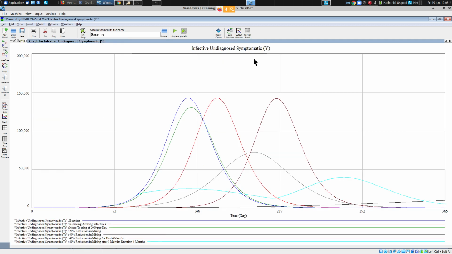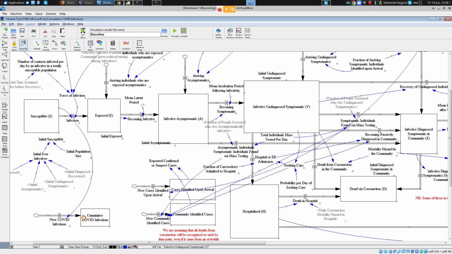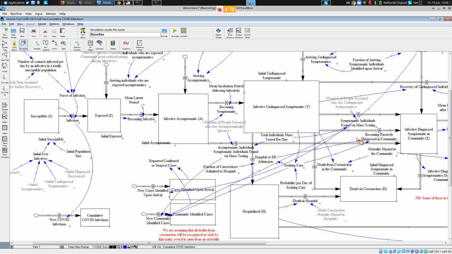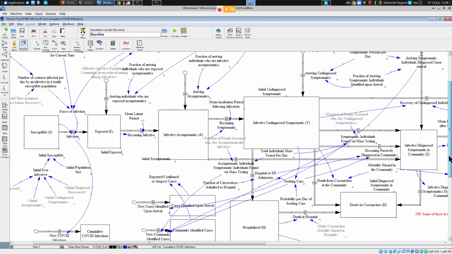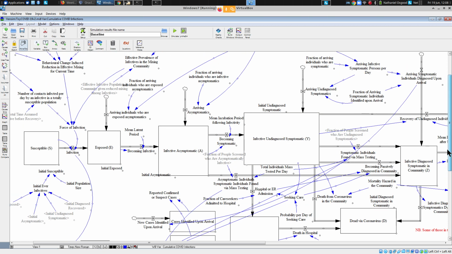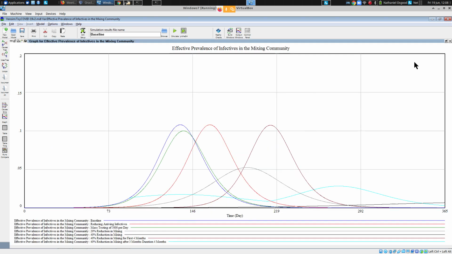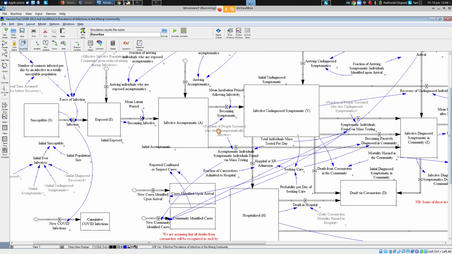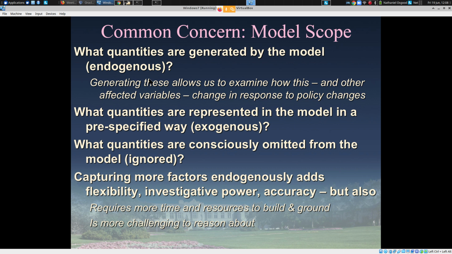Same thing with the number of infectious individuals, Y, or the number of cumulative cases of COVID infection, or the fraction of the mixing community who are infected with the COVID virus. Those are not things that we have put into the model. Rather, they're things the model produces. They're generated by the model. These are the endogenous quantities.